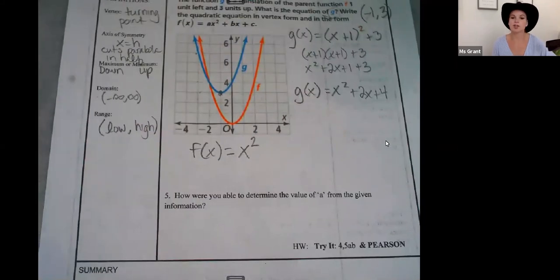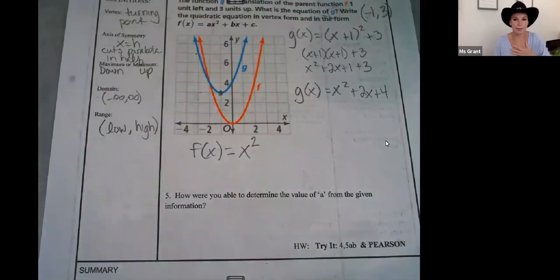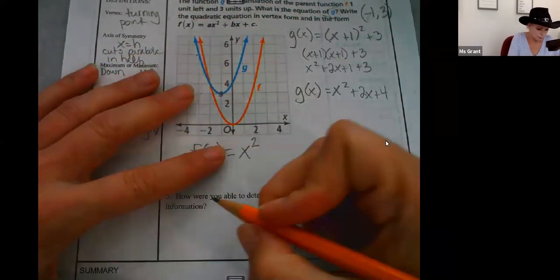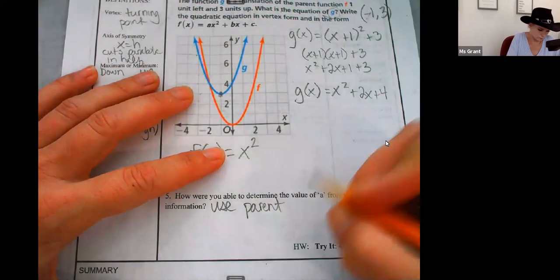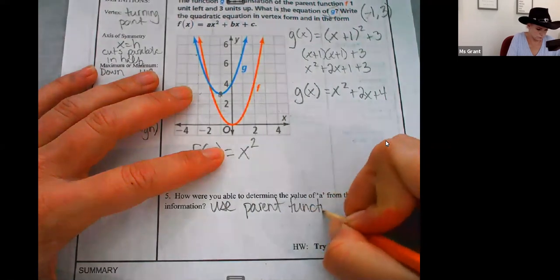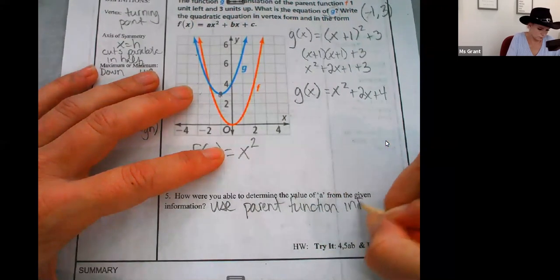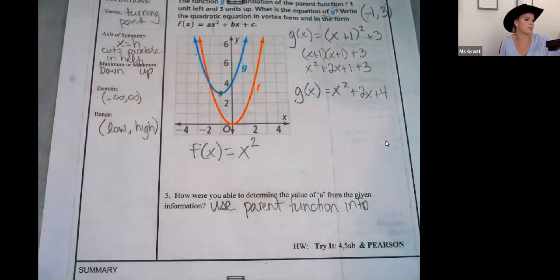How were you able to determine the A value? Well, I personally was able to just use my parent function information and count, or my background knowledge about the parent function.